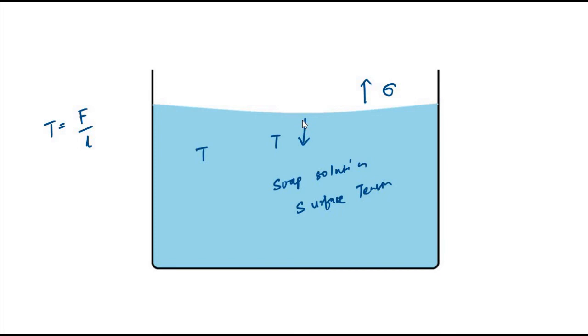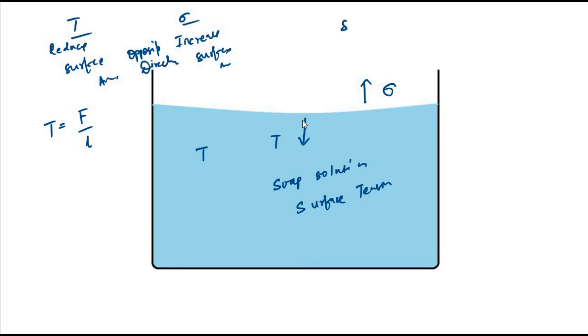Surface tension tries to reduce surface area, surface energy tries to increase surface area. They act in opposite directions, but have the same magnitude, unit and dimension.